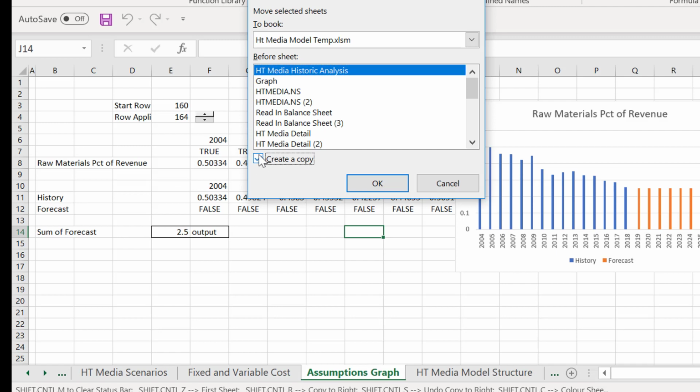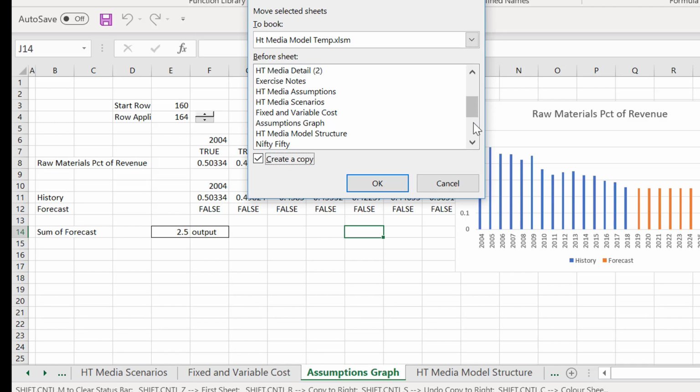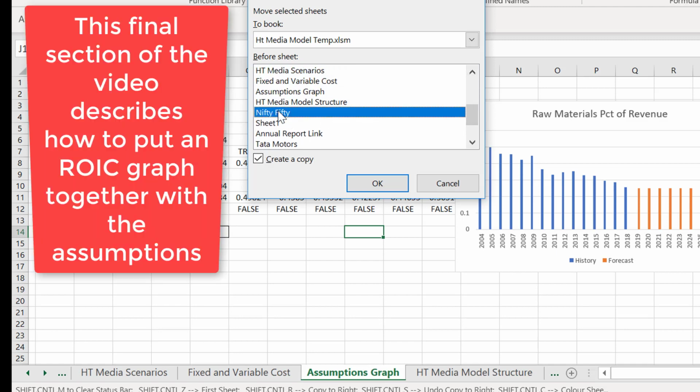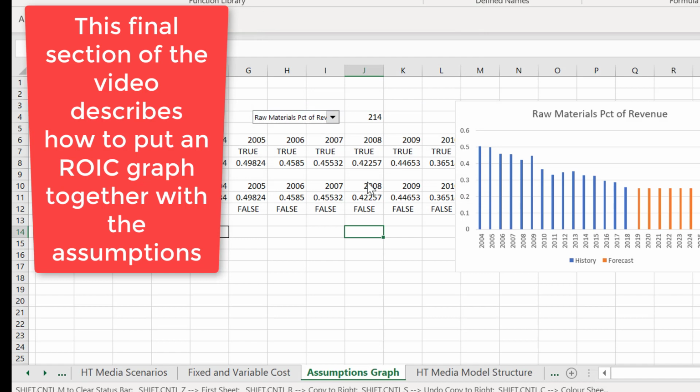Whenever I present one of these graphs, I think it's a really good idea to show what the return on invested capital is. So I'll put this kind of before the sheet, so we'll have another assumptions graph too. I guess I'll leave it like that. And we can almost do the same thing.